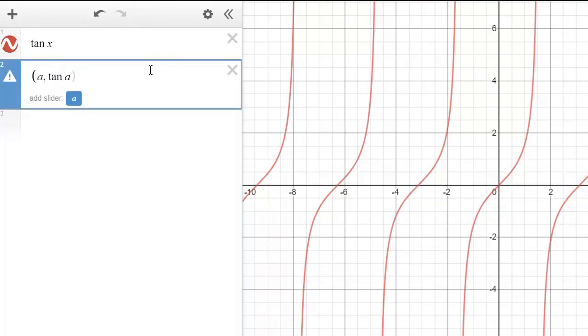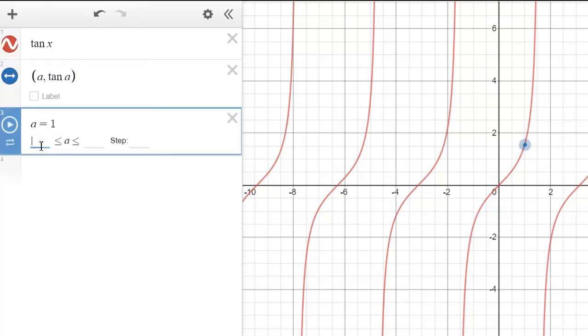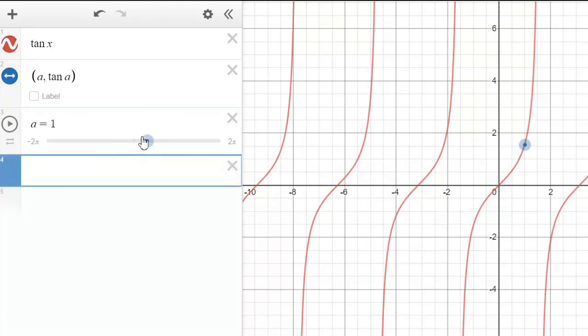Close it off. And then add our slider. We want our slider to range from negative 2 pi to positive 2 pi. So now we can slide our particle back and forth.